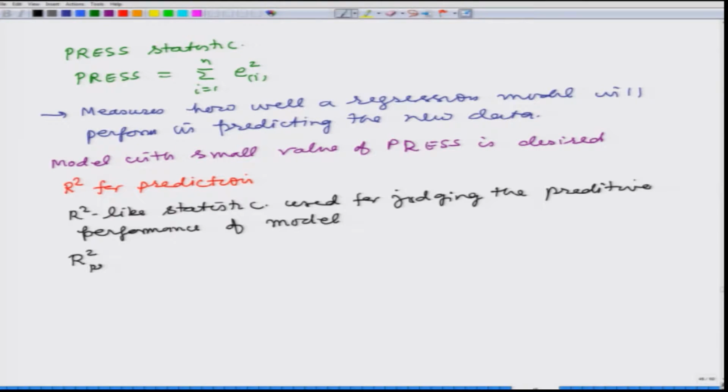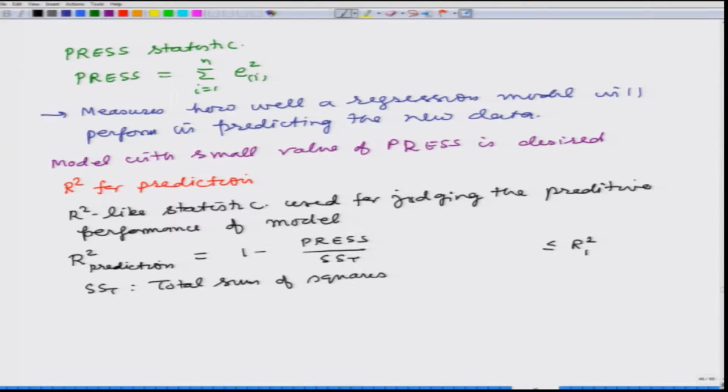Let me write it: R square prediction is equal to 1 minus PRESS divided by SST, where this SST is nothing but the total sum of squares which was obtained from the analysis of variance table. And this value of R square prediction also lies between 0 and 1.